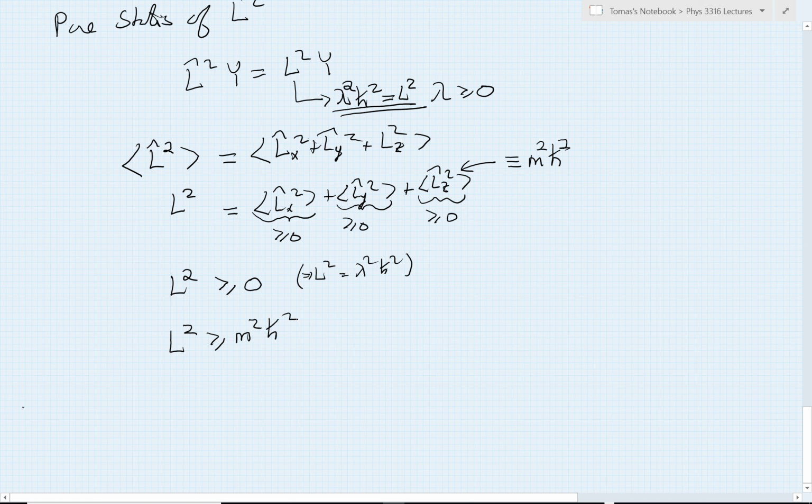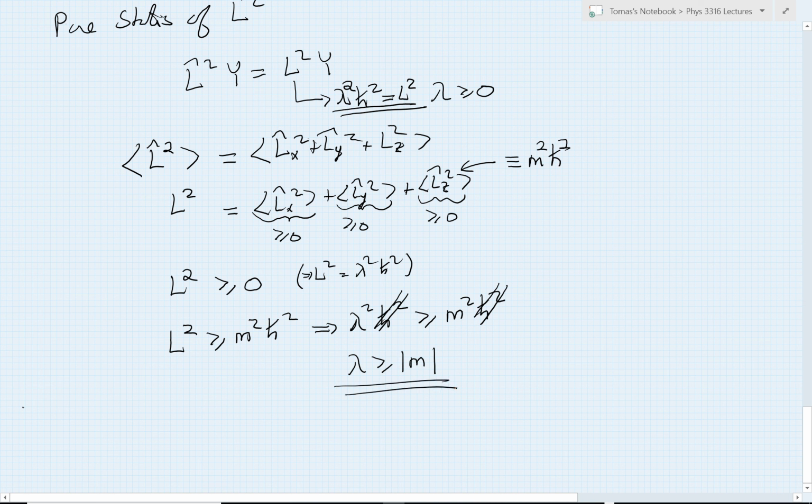Now, when I combine those two facts, that I'm calling L squared by the name lambda squared h bar squared, and that this has to be at least as big as m squared h bar squared, that gives me a very nice relation, where my code name for my angular momentum squared in dimensionless units, this lambda, which we've always chosen to be a non-negative value, that's the way we had decided on labeling these things, must always exceed the square root of m squared, which is the absolute value of m. That's another key fact that we can make use of later on.